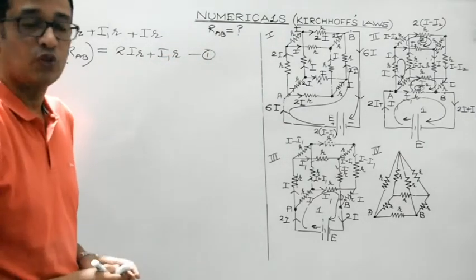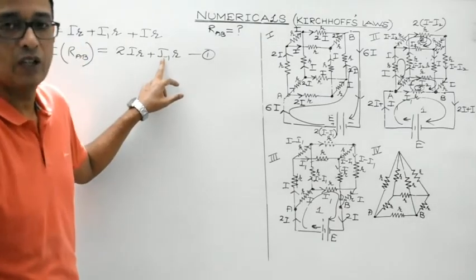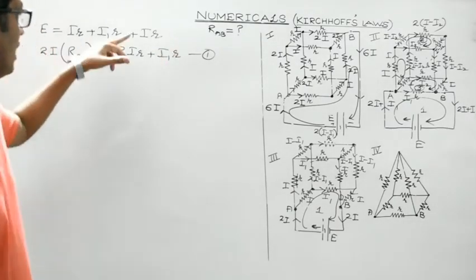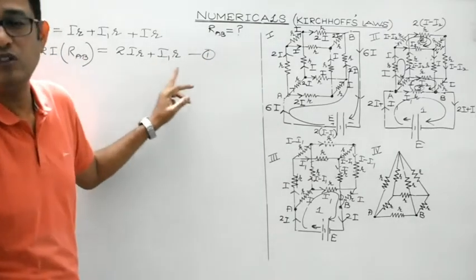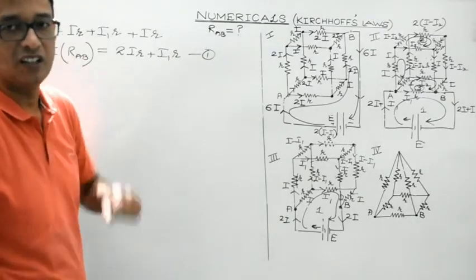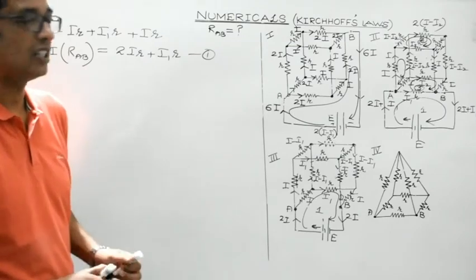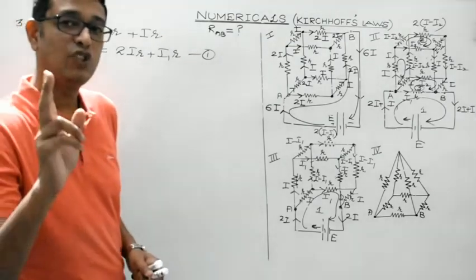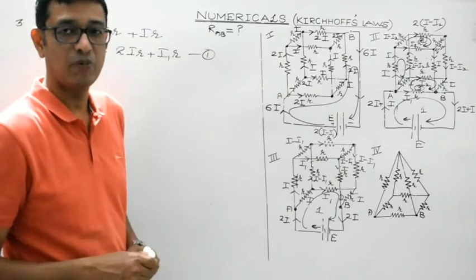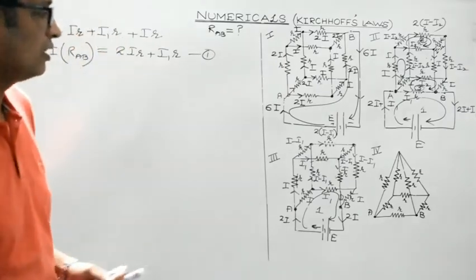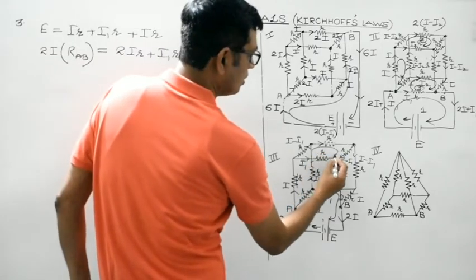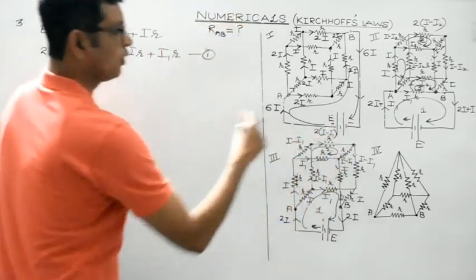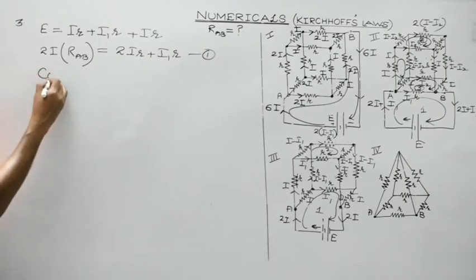So somehow, students, if you are able to substitute the value of I1 in terms of I, then I on both sides will get cancelled out. So RAB can be found in terms of small r. That is to be done now, right? For that, we need to construct a second equation by considering the loop rule. So consider any loop. Let's consider this loop in the clockwise direction. So consider loop 2.